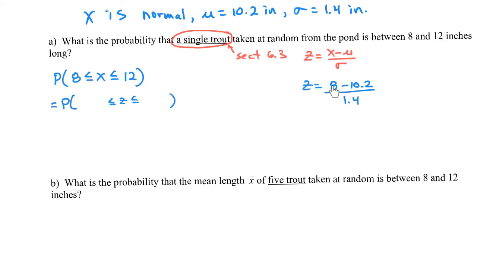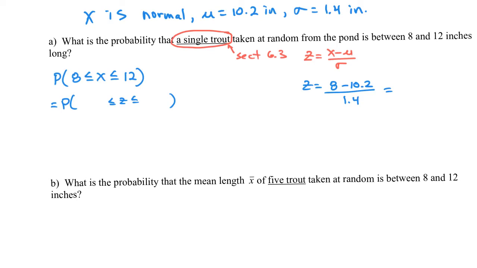And remember, be a little careful with the order of operations. I cannot just go 8 minus 10.2 divided by 1.4, because it's going to divide just this. So I need to go 8 minus 10.2, enter, get that value, then divide by 1.4. First, is it going to be positive or negative, without thinking about the math?